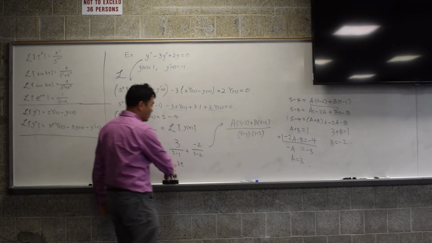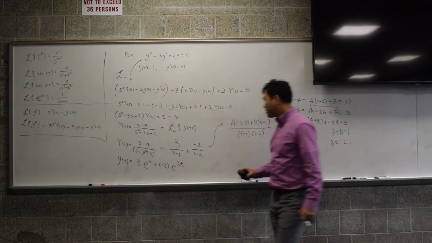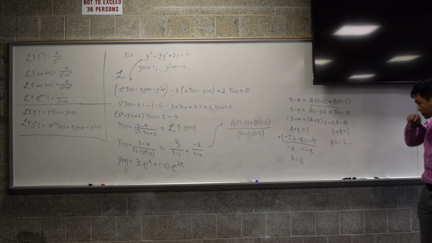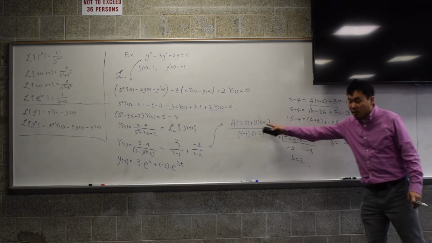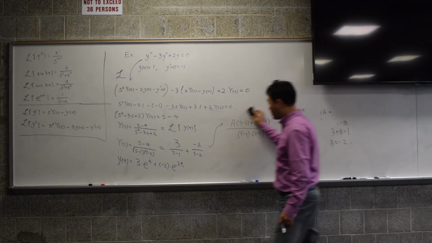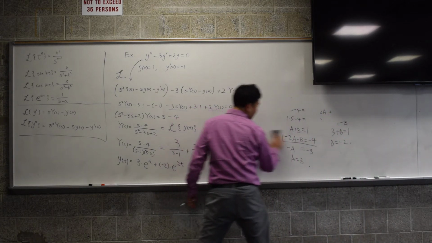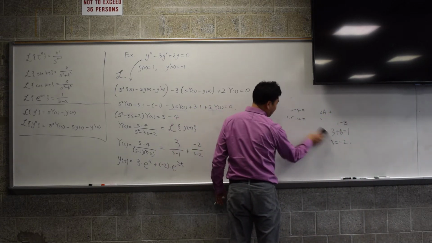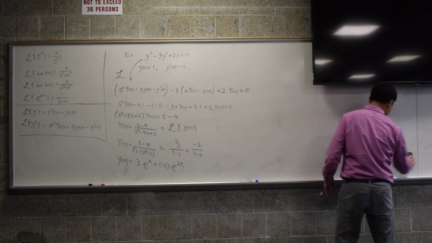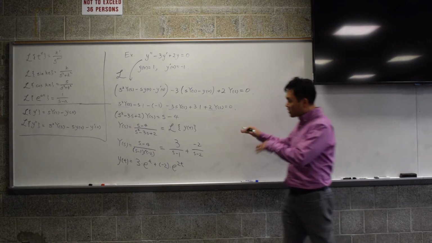Now, let me just add a little more note to our solution here. Sometimes you can take some shortcut with the algebra part of getting a and b by first multiplying the denominator both sides and then plugging in values for s.